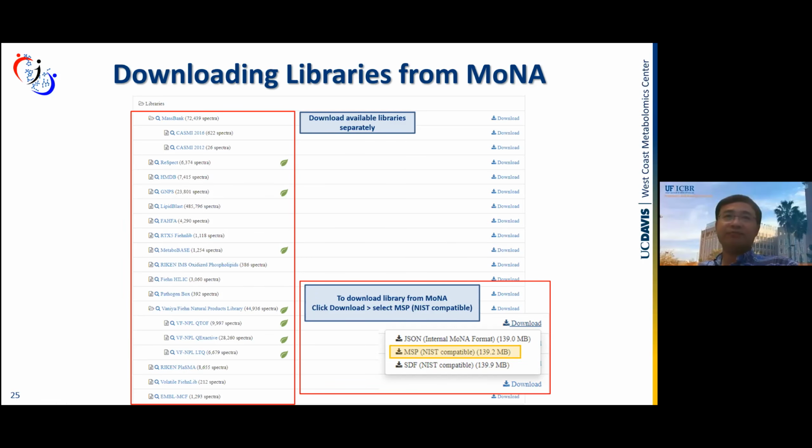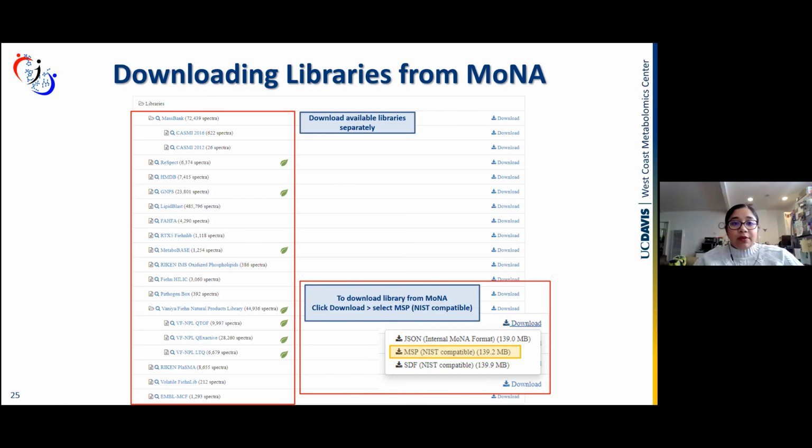Yes. And then another question from Lloyd: at what point do you recommend the validation of identifications obtained via external databases matching using orthogonal technologies such as co-analysis with authentic compounds or NMR? I think it really depends on how your statistics play out.